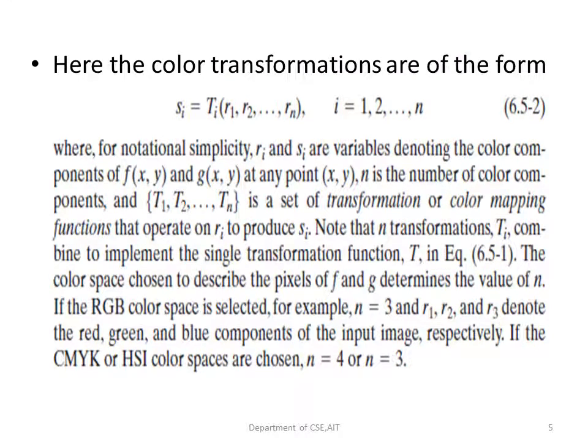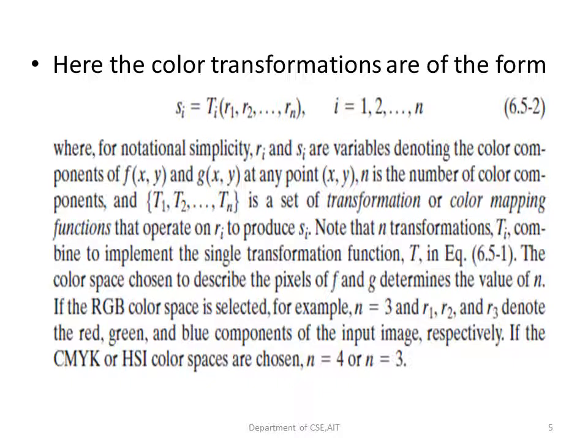Similar to the approach we used for introducing the basic intensity transformations previously, we are going to restrict our attention to color transformations of the form s_i = T_i(r_1, r_2, ..., r_n), where i = 1 to n. For simplicity, we use r_i and s_i as variables denoting the color components of f(x,y) and g(x,y).